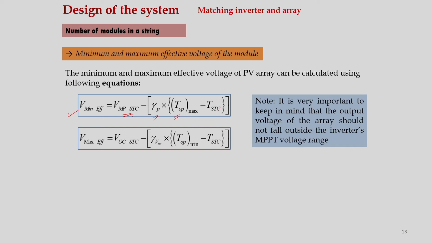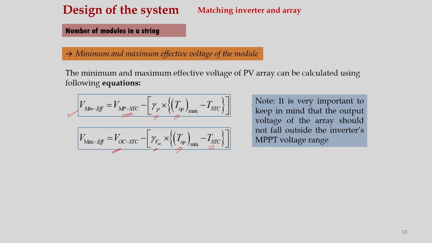Okay, and then STC condition is 25, and for calculation of V max effective, we need to know what is the open circuit voltage under standard test condition, and we have to use this temperature coefficient for open circuit voltage, and we know this T operating temperature by knowing the climatic condition of a particular location, and TSTC is known to us.